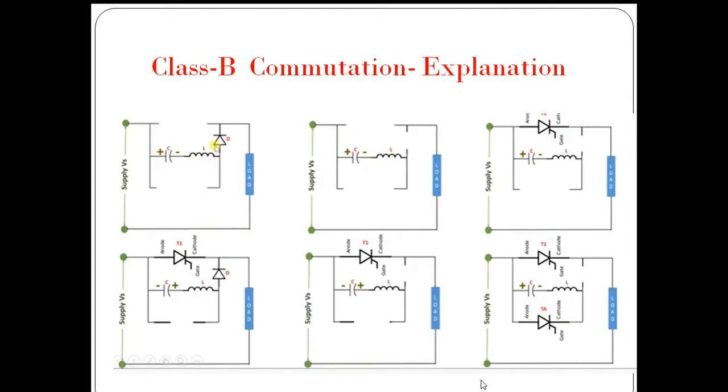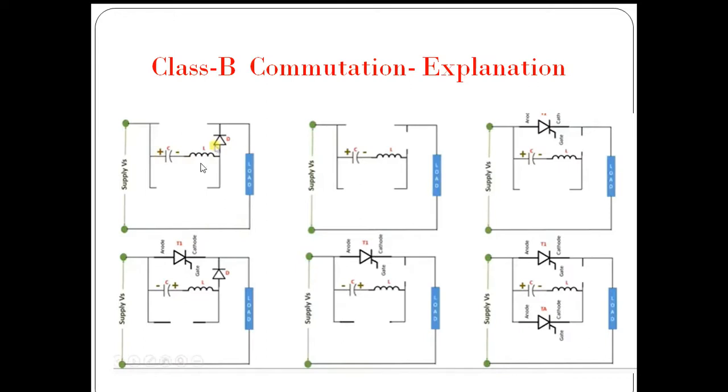Now the capacitor polarity will be like this. Capacitor polarity here on the left side we are having plus, and here on the left side we are getting minus. Capacitor polarity reverses.